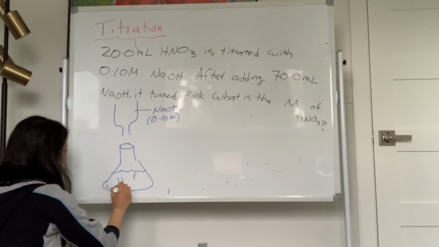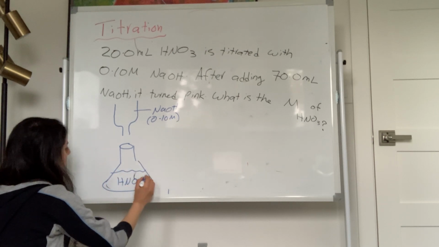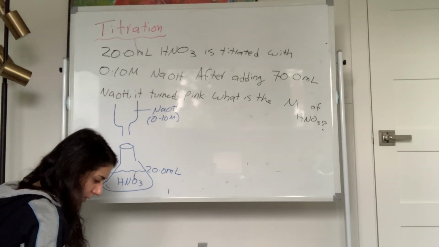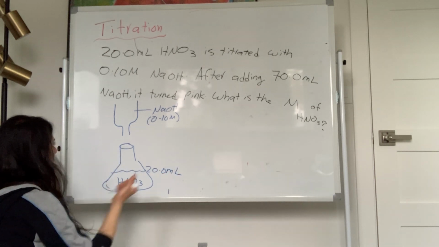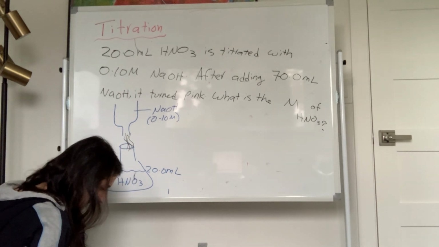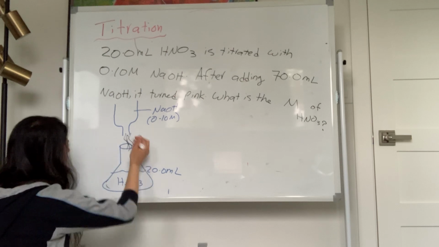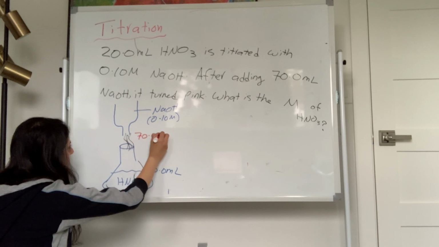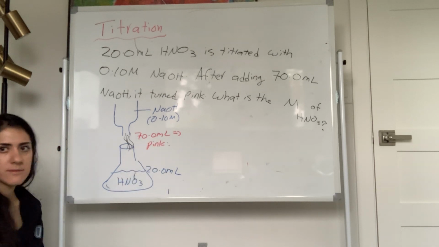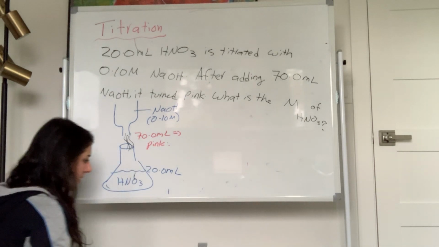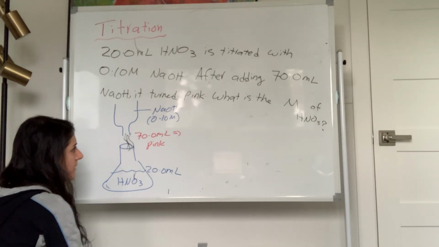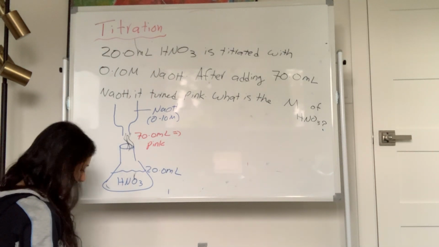Down here, I have nitric acid, and it's 20 ml. I keep adding NaOH, and after I added 70.0 ml, it turns pink. Now the question is, what is the molarity of nitric acid?